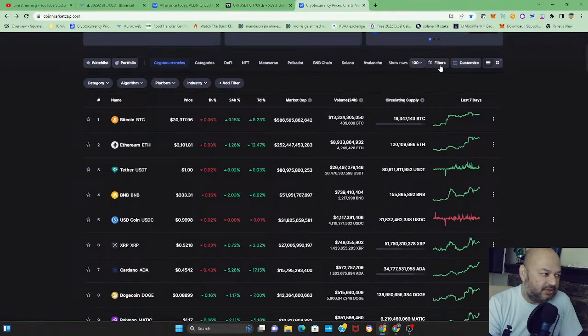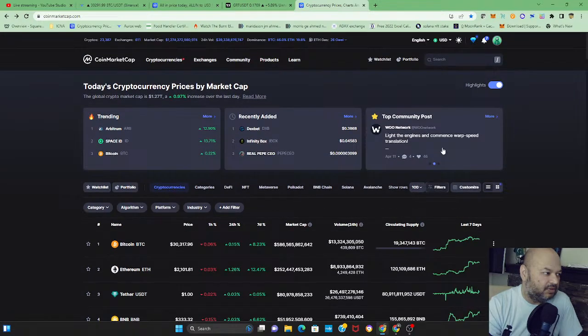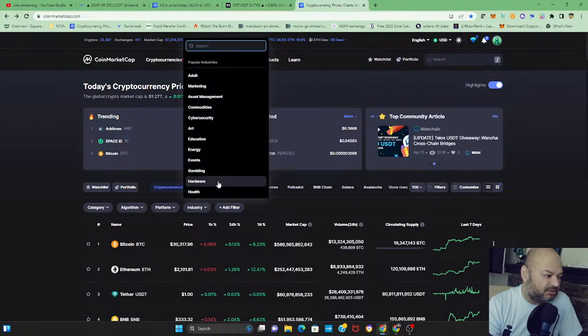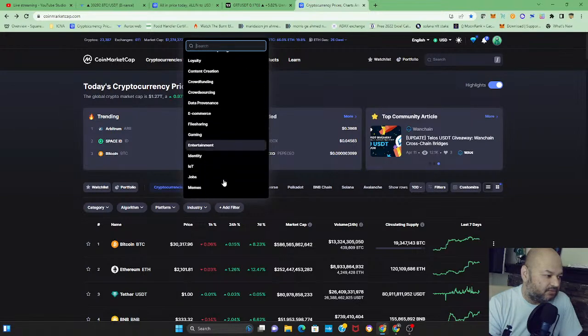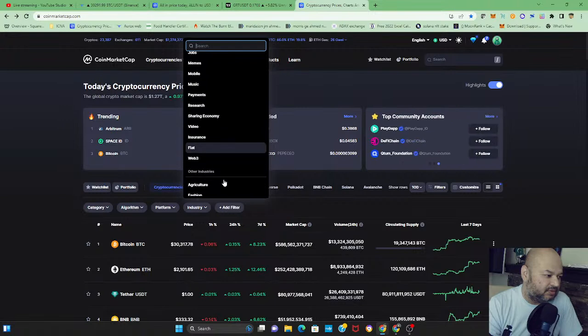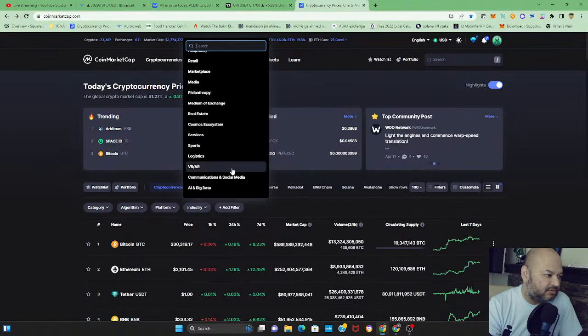Let me show again how you filter all the AI coins in CoinMarketCap. You go to filters, you go to industry, go down to, did I miss it?